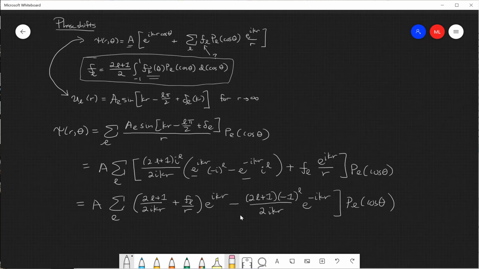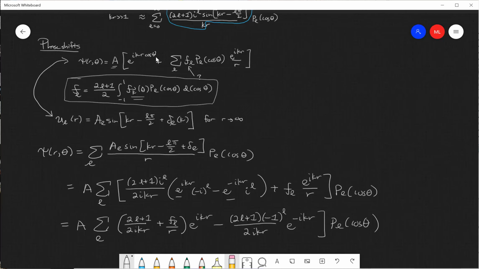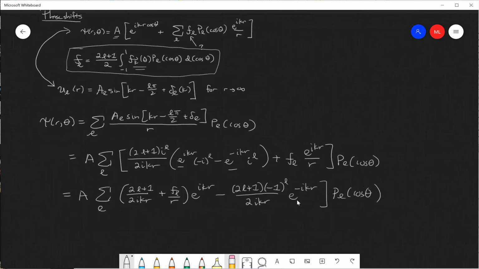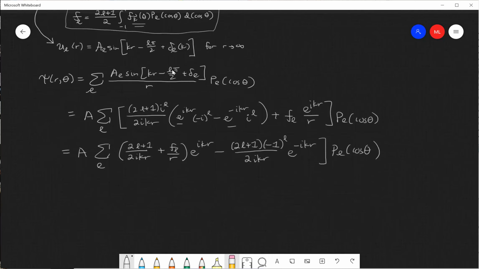Okay, so now we've taken our general asymptotic form of the solution, this one up here, and identified which pieces are the outgoing and incoming spherical waves. And now we can do the same thing to these. Let me now expand this one. We can expand it in complex exponentials and figure out what the deal is there.